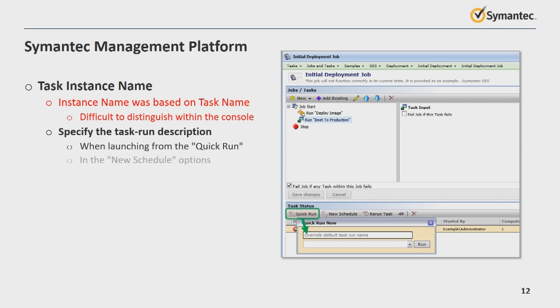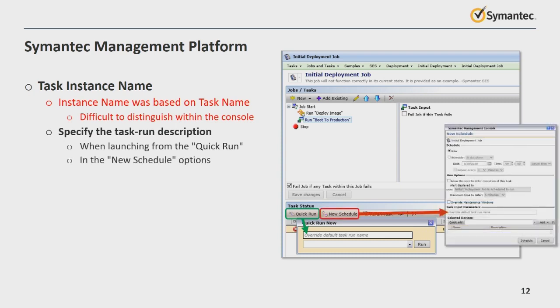It's also available in the new schedule. If you look at the settings for the new schedule, there's a line there that says task input parameters, which is the same box basically. So I can say pilot group 2 task. I can define it. It's these little tiny things that do make a huge difference, especially if you're managing hundreds and hundreds of tasks.